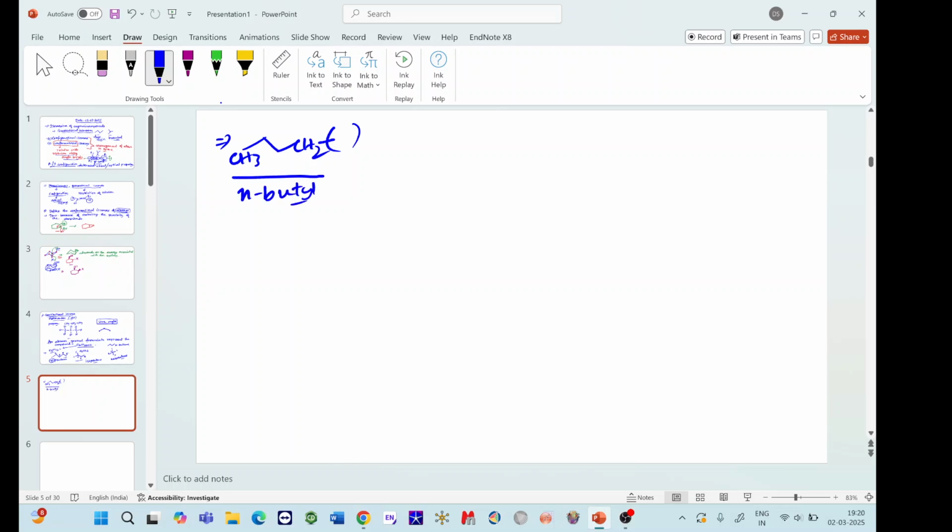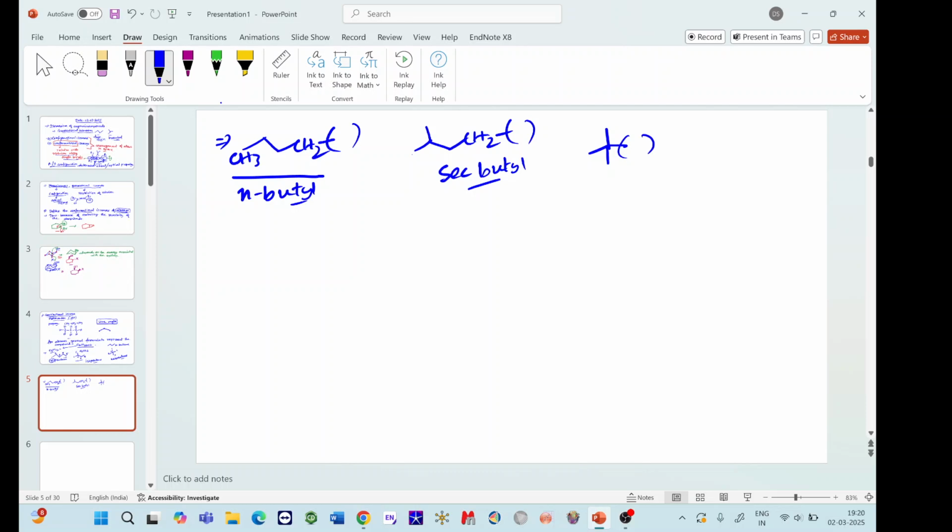If you have something like this, you have the other part. So this is called sec butyl. And you have this one, one, two, three, four.